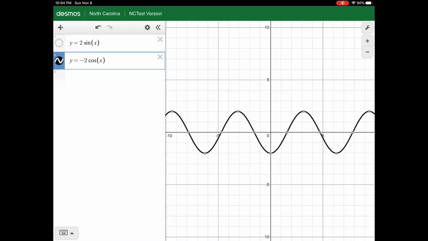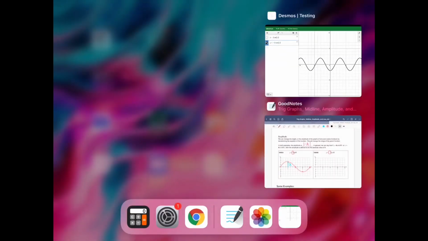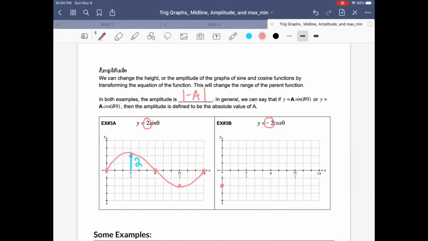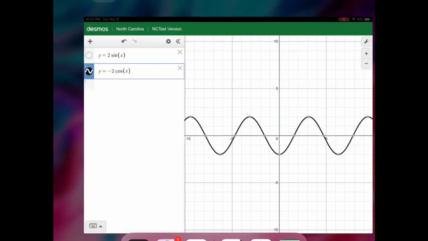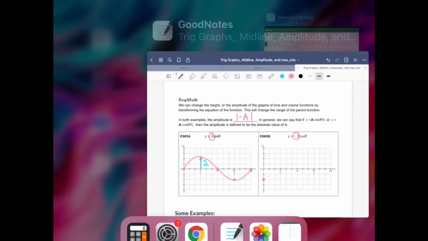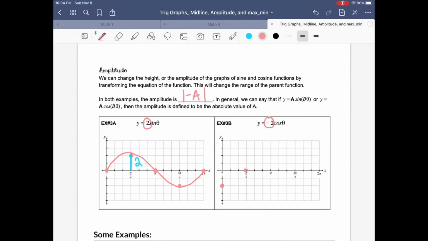All right, so the same thing happened with the cosine. So I'm going to go back and look at this one and turn that one off. So I started at -2, and then I started to go up, and I hit 0, went up to +2, came back to 0, and then finally back down to -2. So we have a wave that looked like this one.